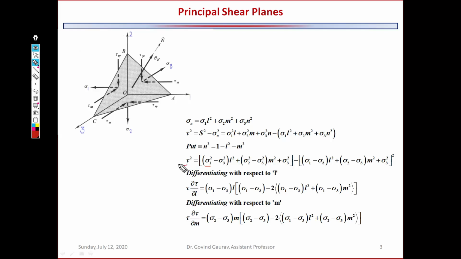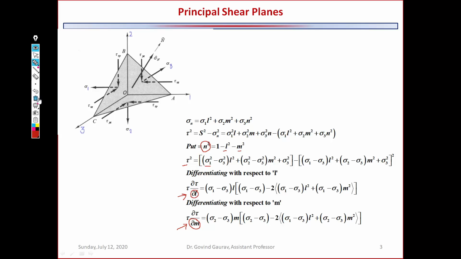As we are interested in calculating the values of the principal shear planes, now we need to differentiate it with respect to l, and we need to differentiate it with respect to m. Why are we differentiating it with respect to l and m only? Because we have substituted the value of n square in terms of l square and m square.